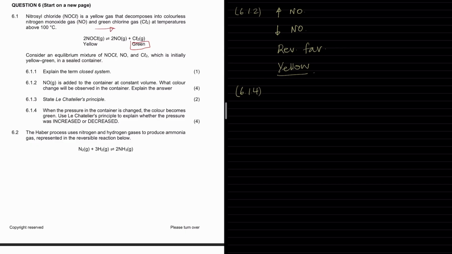The forward reaction would be favored if the system is favoring more molecules, because if you look at this side, you have 2 and you have 1. So it's favoring more molecules, in other words, a high pressure. That means the pressure must have decreased.